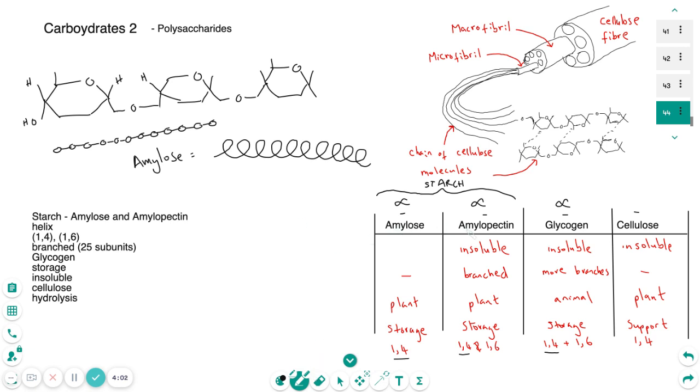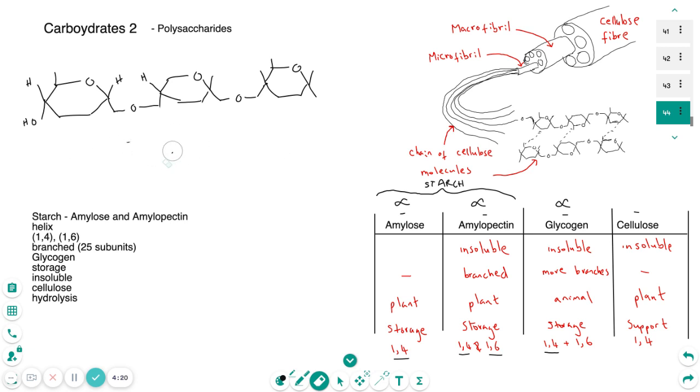Okay, so amylopectin has all this going on as well, but it has another thing going on called the 1,6 glycosidic bonds. So let's have a look at that now. I'll just quickly rub this out. So now we're talking about amylopectin. 1, 2, 3, 4, 5, and 6. 6 at the top.